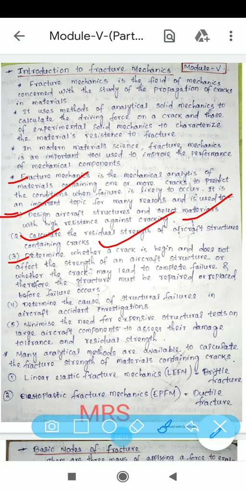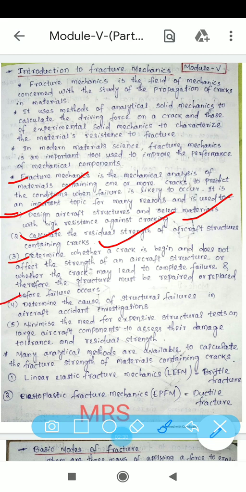Third is to determine whether a crack is benign and does not affect the strength of an aircraft structure, or whether the crack may lead to complete failure and therefore the structure must be repaired or replaced before failure occurs.